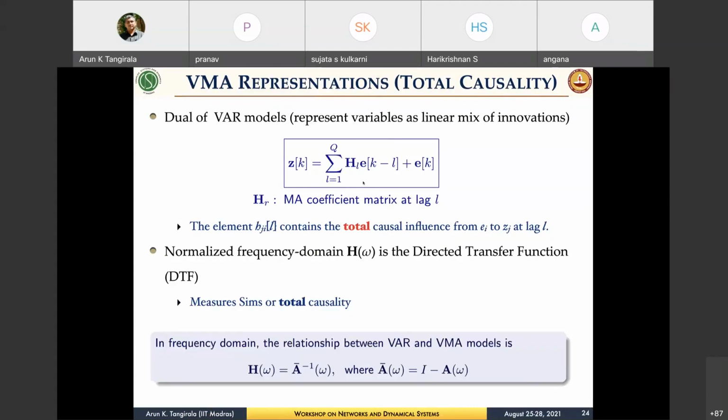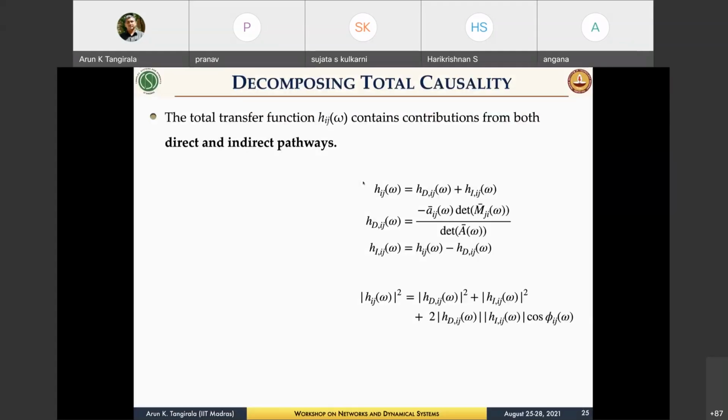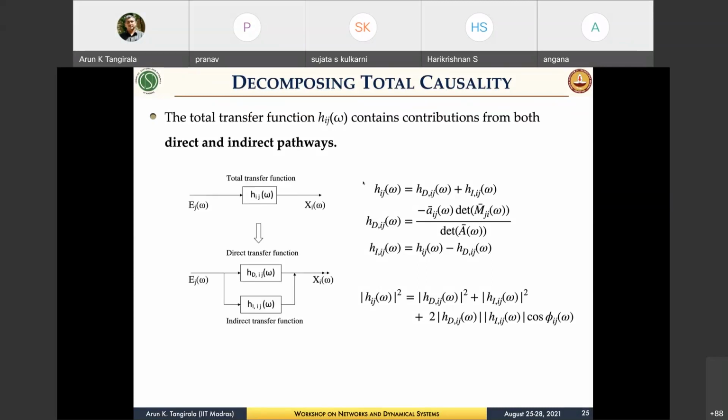And again, you can work with frequency domain measures. That will allow you to figure out both the total causality as well as the direct and indirect. So the total causality given by Hij of omega, which is constructed from your VMA model, can be split into direct and indirect pathways.